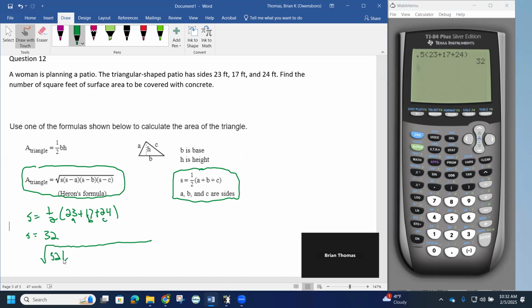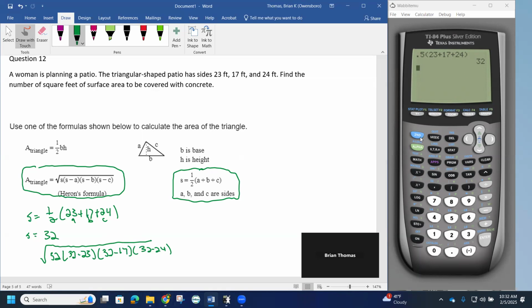So 32 minus 23, then S minus B, 32 minus 17, then S minus C, 32 minus 24. I'm just going to let the calculator do all this.